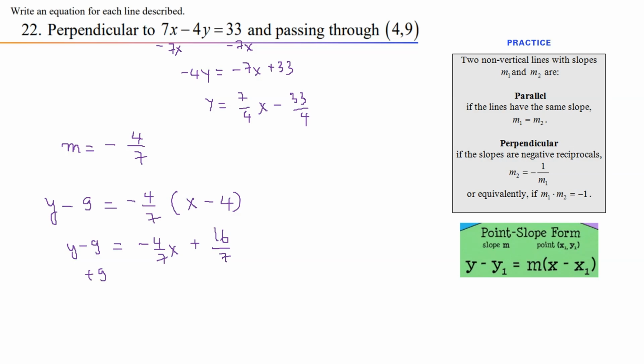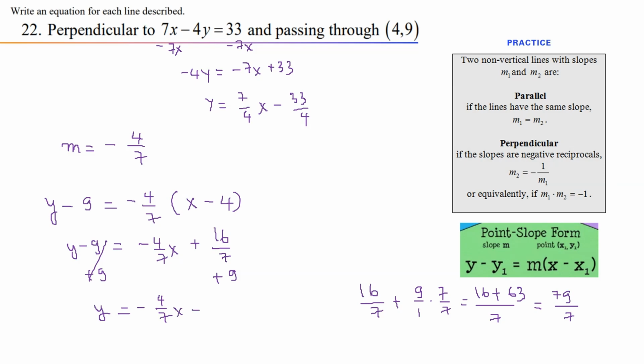Now add 9 both sides. We have 16 over 7 plus 9 over 1. Multiply by 7 over 7 so that they have the same denominator. It's 7, so 16 plus 63, that's 79 over 7. So we have y equals negative 4 over 7x plus 79 over 7.